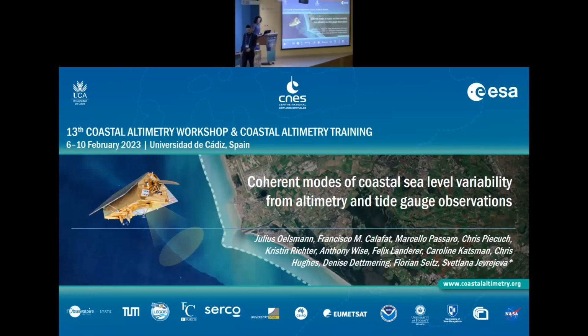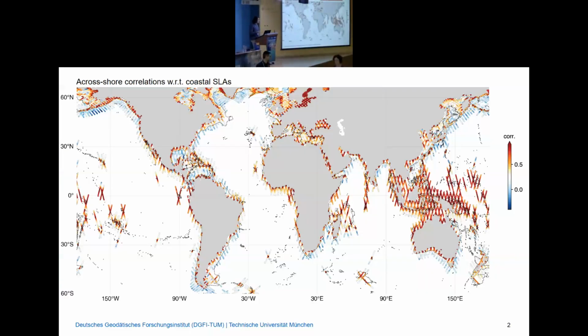Hi, everyone. So, yeah, thanks for introducing me. I think one of the main ongoing questions is how coastal sea level variations differ from the open ocean. There are many studies, of course, that have shown that sea level at the coast can be highly decoupled from the open ocean.